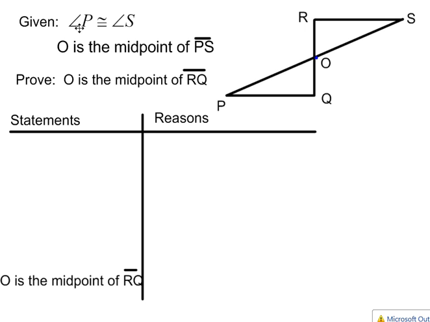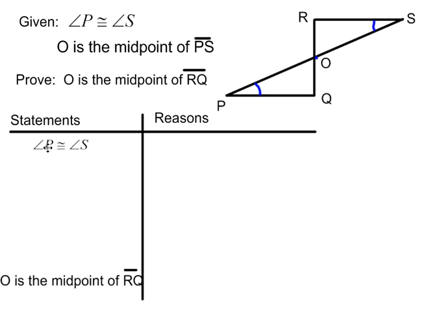So I read my first sentence, and I see that angle P is congruent to angle S. So I'm going to label angle P congruent to angle S. I'm using those marks, and everyone knows that these two angles are congruent. As soon as I label them, I have to write it in the proof.